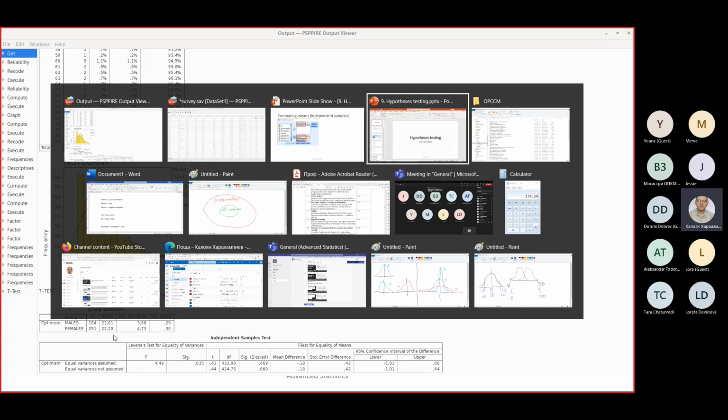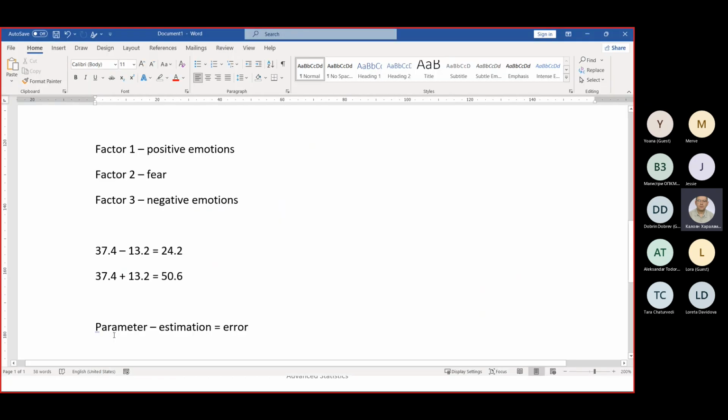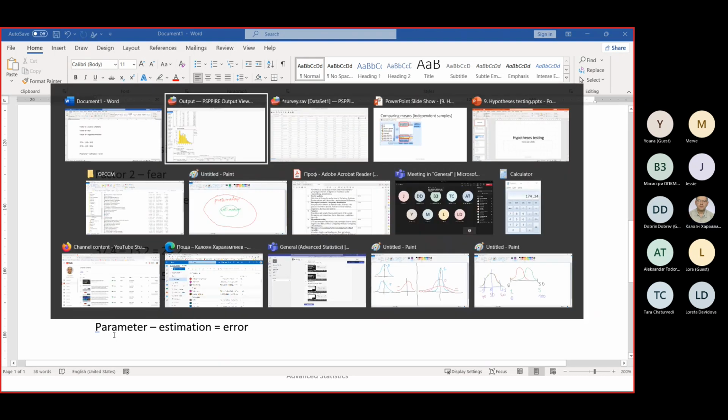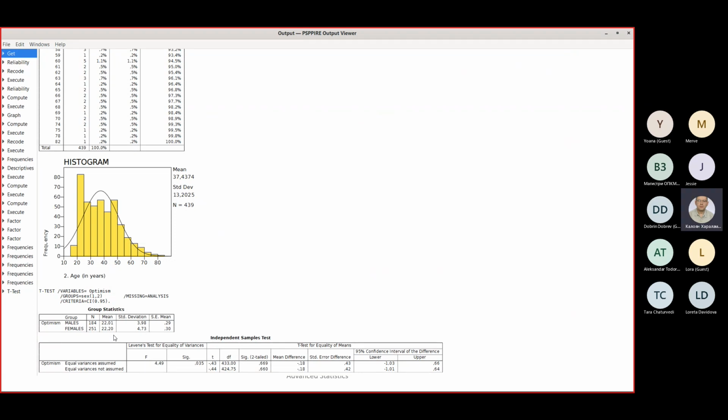I already said that when we work with samples, there are always errors. So if this difference 0.2 is smaller than errors, then we will say that this difference is not statistically significant, and then we will accept the null hypothesis.